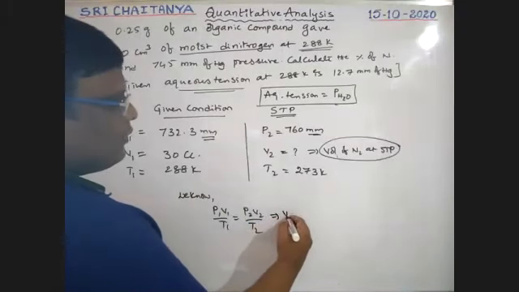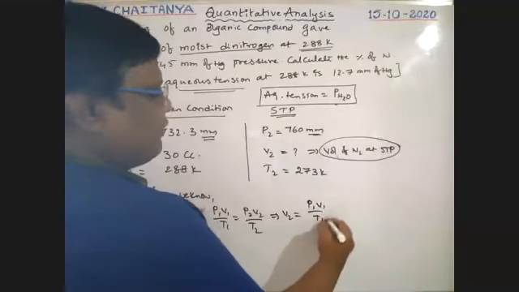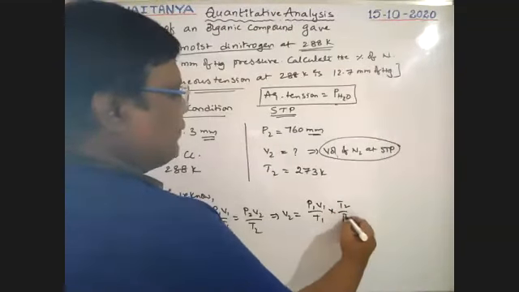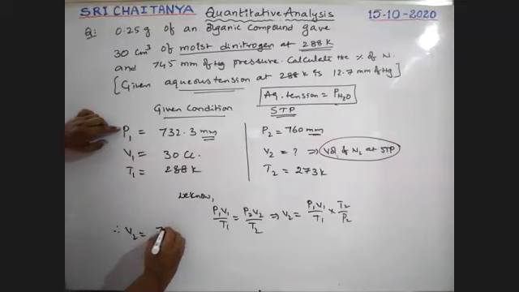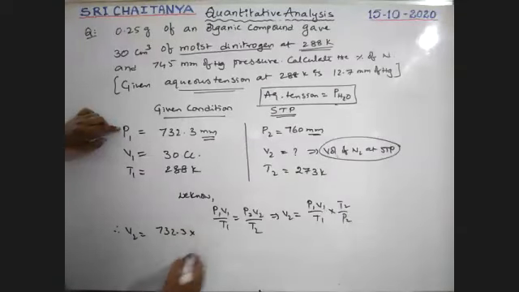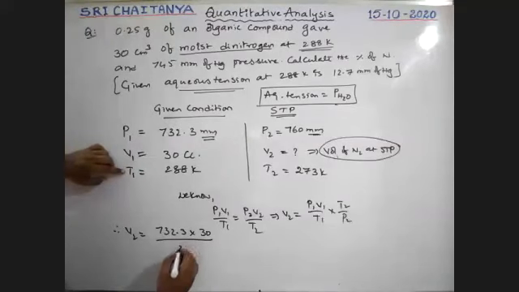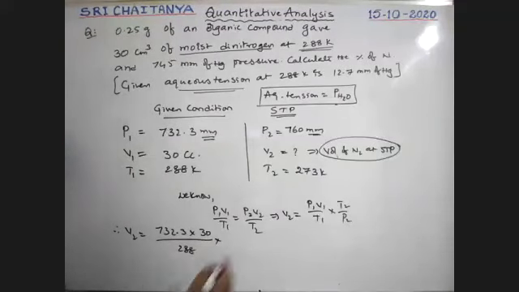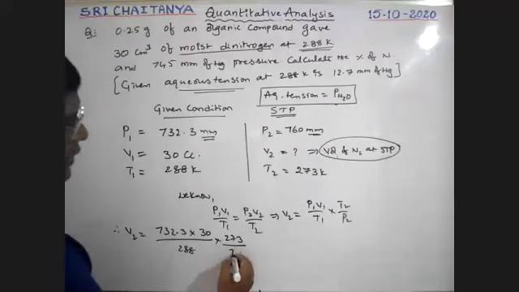That implies V2 is equal to P1 V1 by T1 into T2 by P2. Applying the conditions, V2 is equal to 732.3 into 30 by 288 into 273 by 760.